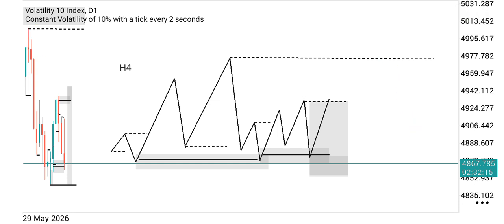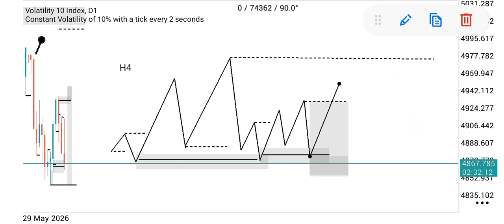So this will happen. You see the market will now push. The market will now do something like this again. Now we have a break of structure to the upside.